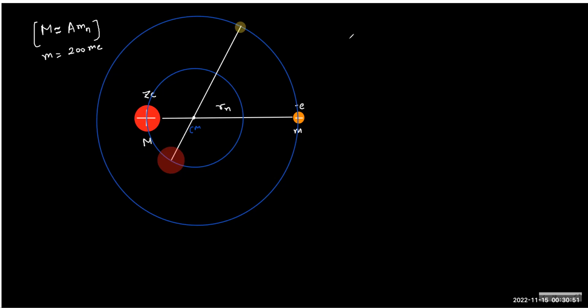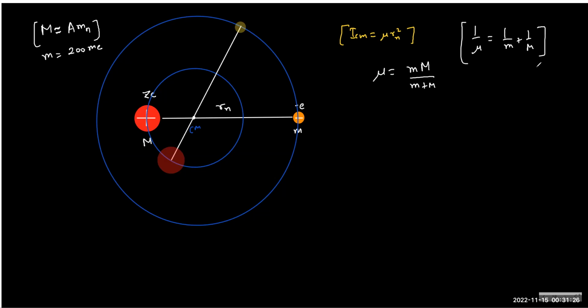So what is the moment of inertia about the common center of mass? What is ICM? We can write the reduced mass into Rn squared. Do you remember this formula? Hopefully you know. So what is the reduced mass? The product of masses Mm upon M plus m. Basically, the inverse of the reduced mass is the sum of the inverses of the masses.